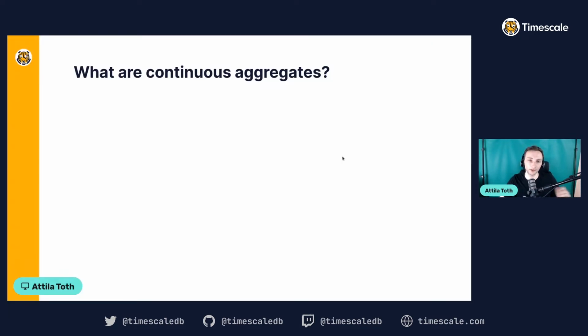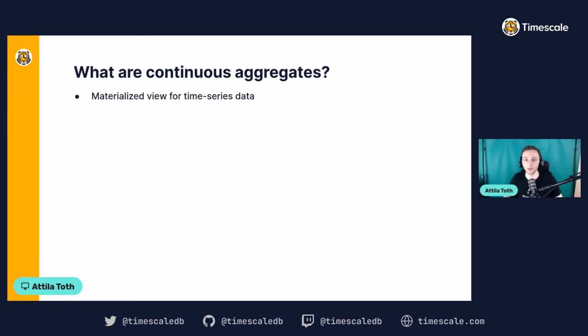But before I do that, if you're not familiar with continuous aggregates, I just wanted to talk for a couple of minutes about them, because this is one of the most useful and most used features of TimescaleDB. Basically, continuous aggregates are materialized views for time series data. So it enables you to store and query time series data more efficiently.